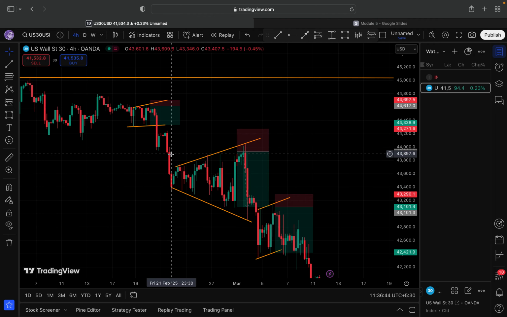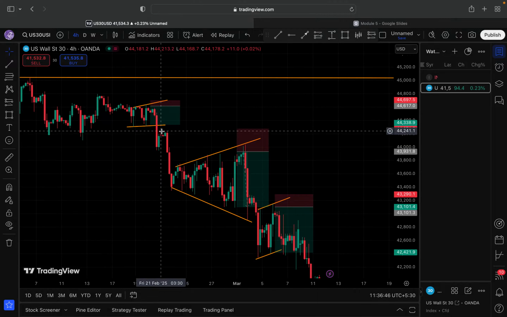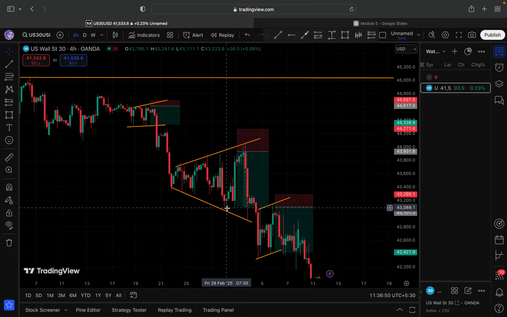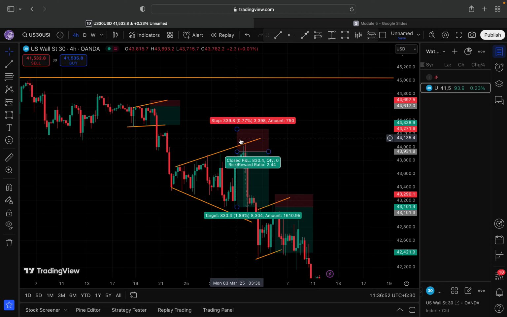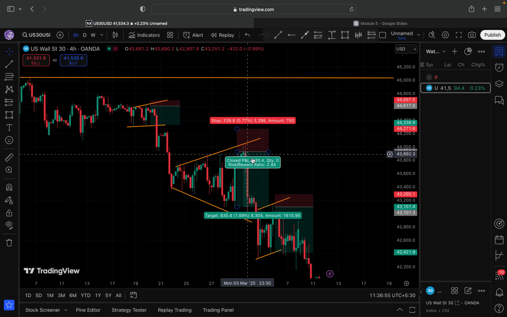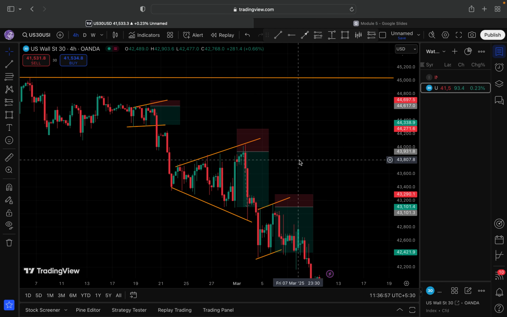Now, the reason why I told you our last high and our last low is our take profit and stop loss zones is because you can easily just say every strategy you're trading, you're adding extra 50 points or whatsoever. But no, with this strategy, because we are trading significant structural zones, we need to recognize the highs and lows, and that is where we use for our take profit and stop loss.